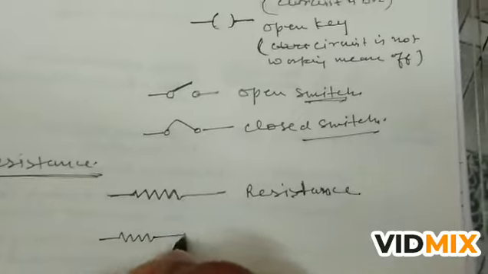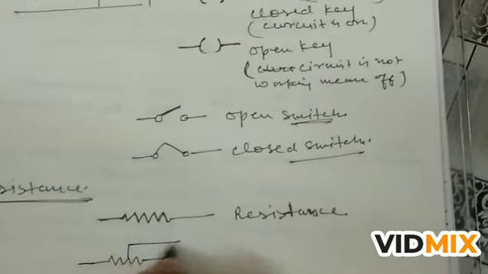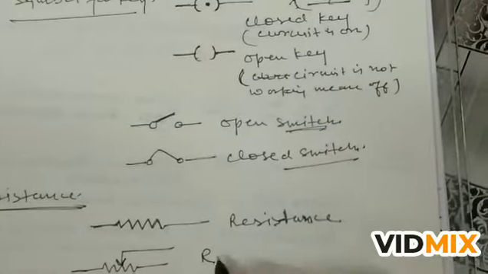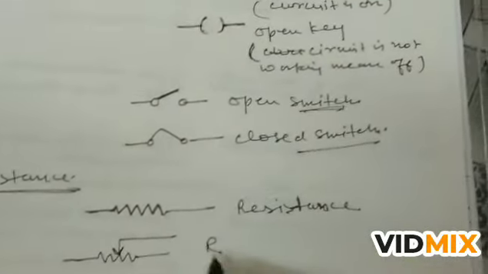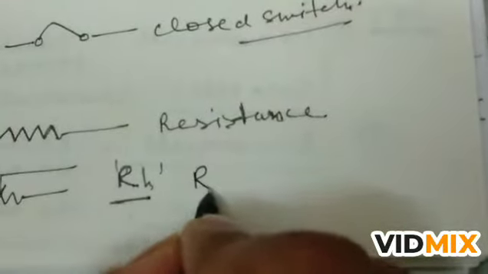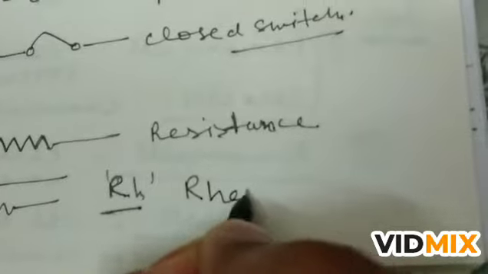This is the symbol for rheostat. RH we can say in short form, and the spelling for rheostat is R-H-E-O-S-T-A-T.